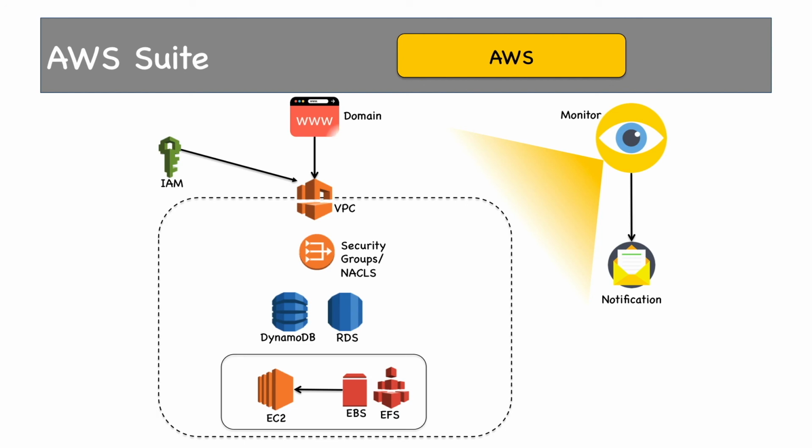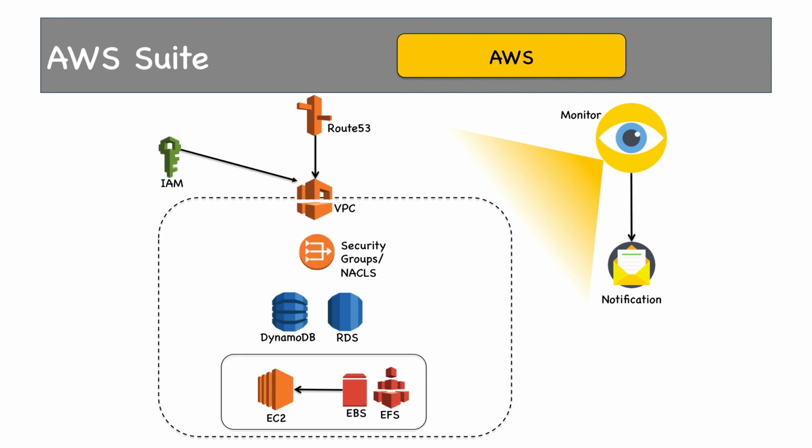So earlier you had a domain. Instead of having a third-party domain provider, you use Route 53. So using Route 53, you do the exact same thing. You route your internet traffic to your data center. Now in this case, the data center is behind a network which was created by VPC.